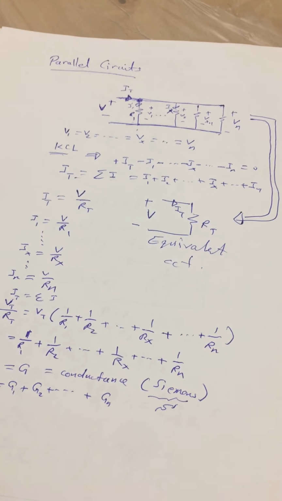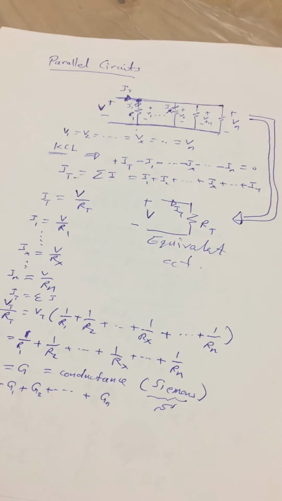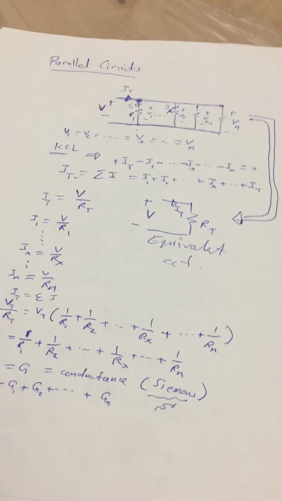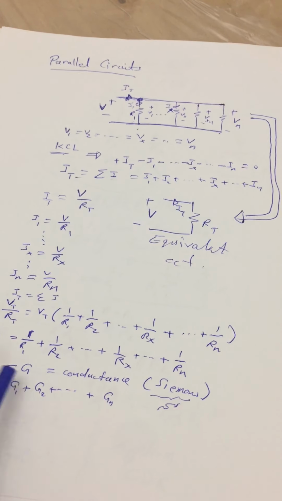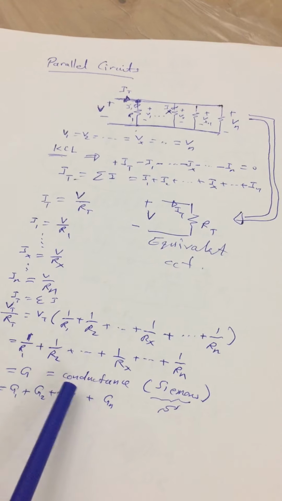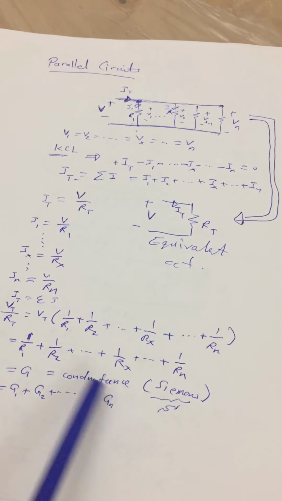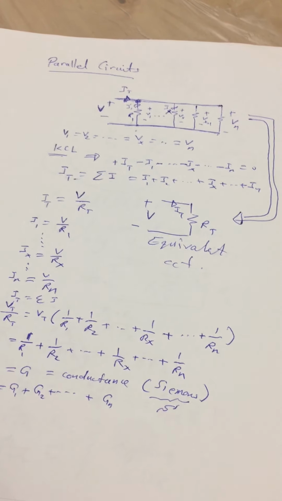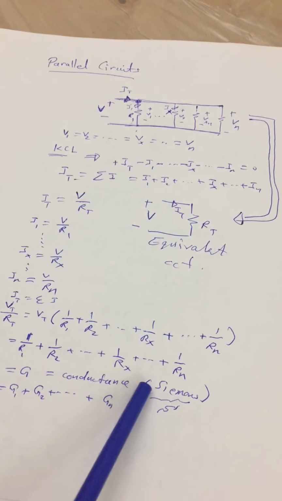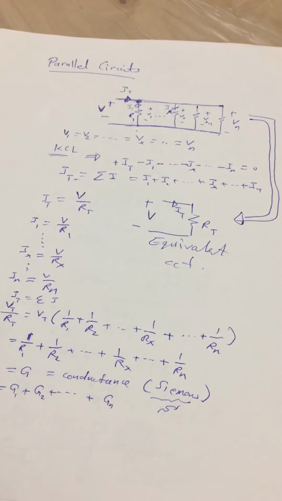So the reciprocal of the total resistance is equal to the sum of the reciprocals of the individual resistors. And notice that 1 over R, we name it as G, which means conductance, the inverse of a resistance, and its unit is Siemens, S.